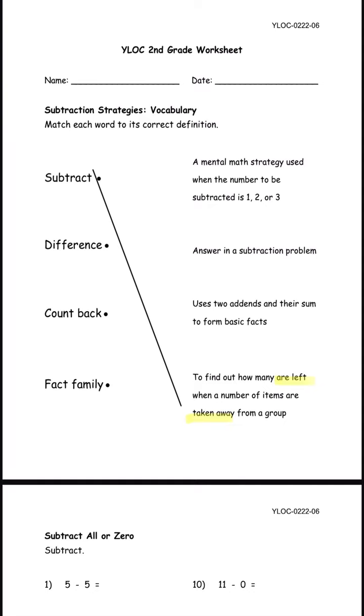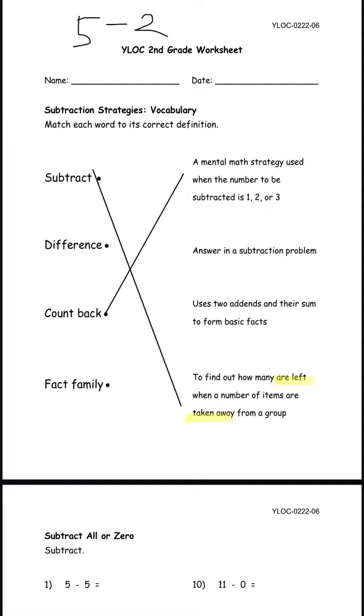Now, we're going to try the third word, count back. And count back matches the first definition, which is a mental math strategy used when the number to be subtracted is 1, 2, or 3. So let's just say that we have 5 minus 2.